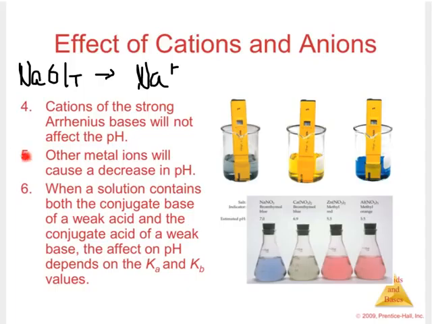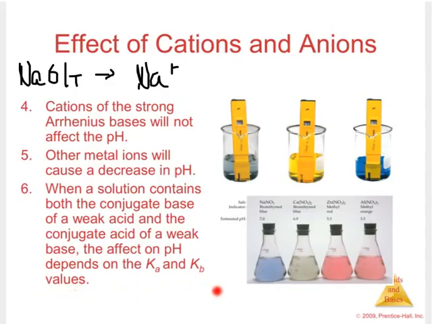And we talked about this one already too. Other metal ions that are not the conjugate acids of strong bases will cause a decrease in pH. So most metal ions, or many metal ions, are going to act as acids in solution unless they happen to be the conjugate acids of a strong base. And whenever we have both a conjugate base of a weak acid and a conjugate acid of a weak base, which way are we going to go?